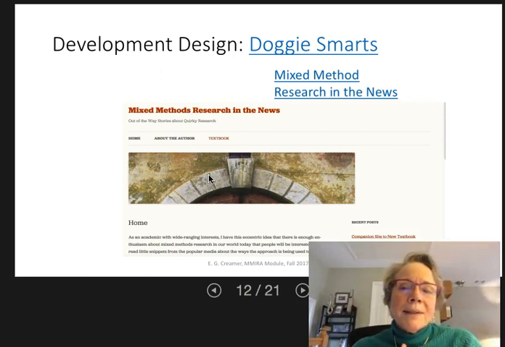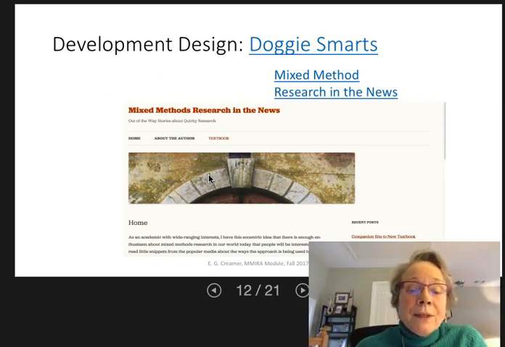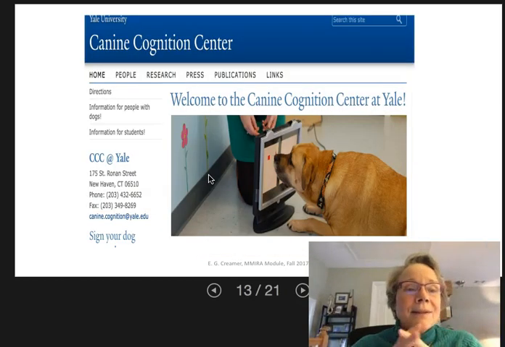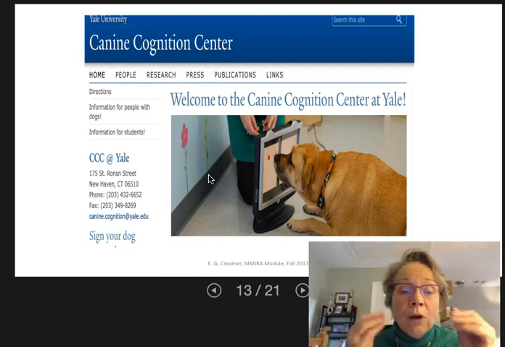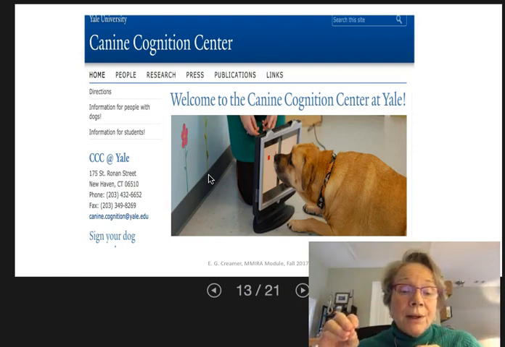So I talk about the example that I want to use on my website, Mixed Methods Research in the News, and I call it Doggie Smarts, a rare use of a clever title by me. And it is about a study of canine intelligence. At Yale, they are trying to find a quantitative way to measure dog intelligence.